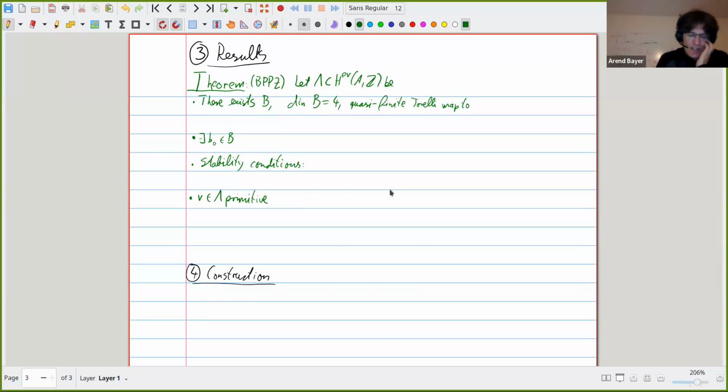Okay, right. So here our result is the following. We start with any positive definite rank 2 lattice of algebraic classes.